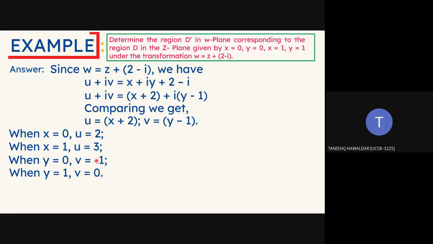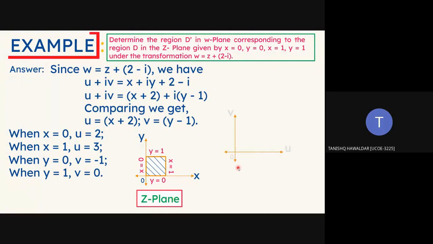Therefore, let's plot it on the graph. The xy plane is known as the z plane, and we get a w plane of the uv graph. So this is how we can resolve the problem of a complex function.